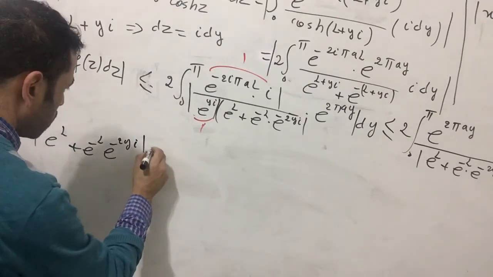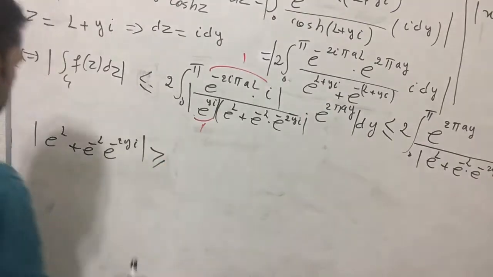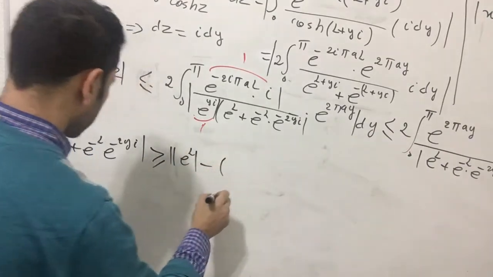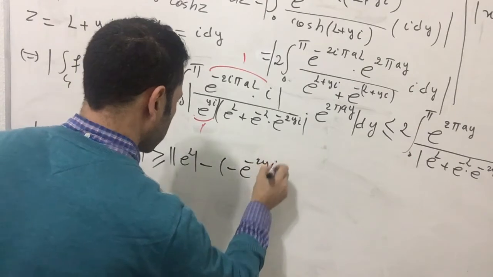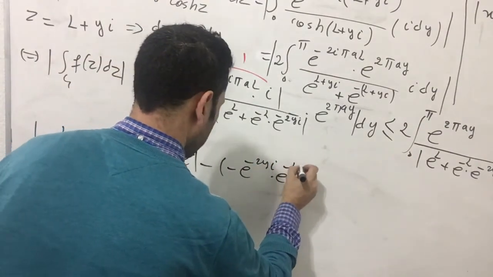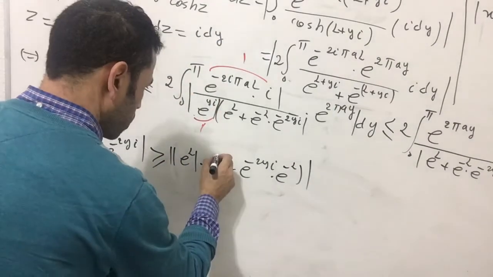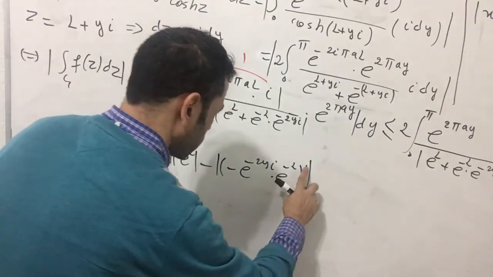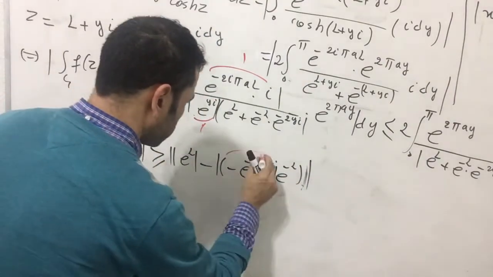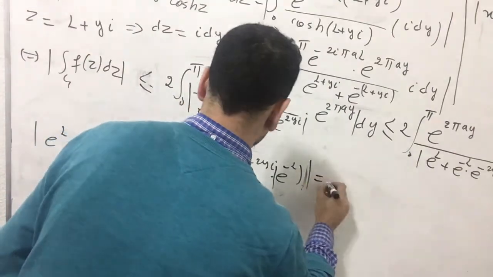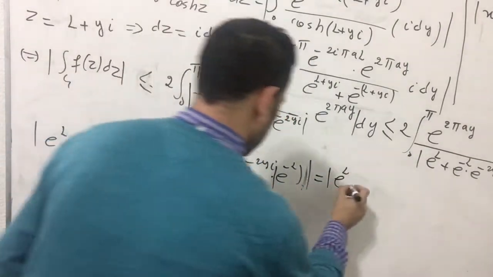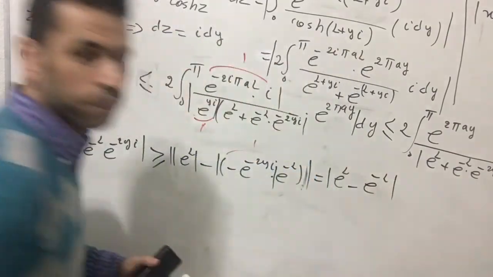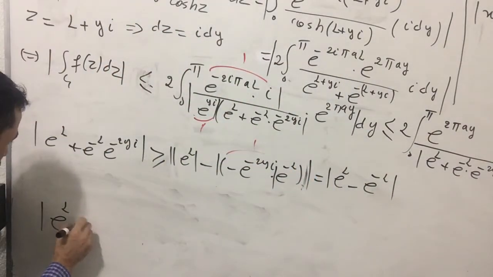The absolute value of this term is superior or equal to the absolute value of e to the L minus the absolute value of e to the minus yi multiplied by e to the minus L. If I'm taking the absolute value of this one, this one equals 1, so we will have the absolute value of e to the L, which is e to the L, and I will have minus e to the minus L. I'm going to take the reciprocal of this one.